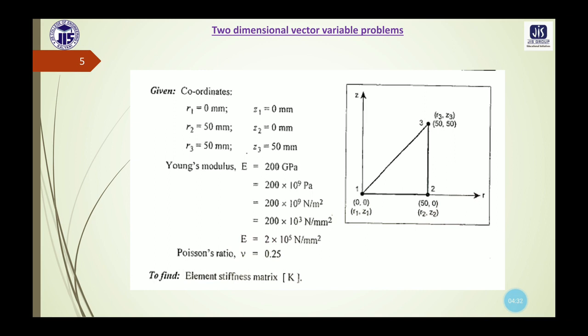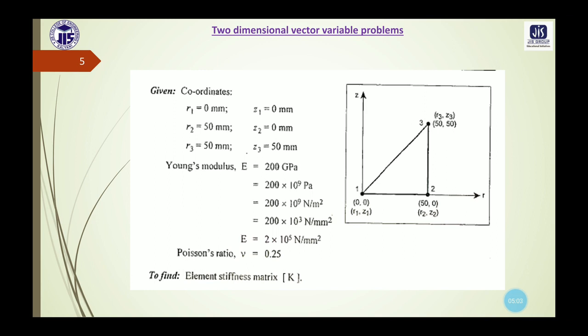So 200 into 10 to the power 9 Newton per meter square is 200 into 10 to the power 3 Newton per millimeter square, which can also be written as 2 into 10 to the power 5 Newton per millimeter square. This is the value of the Young's modulus. Next, the value of Poisson's ratio is given as 0.25. So in detail we have written all the values actually given in this numerical.